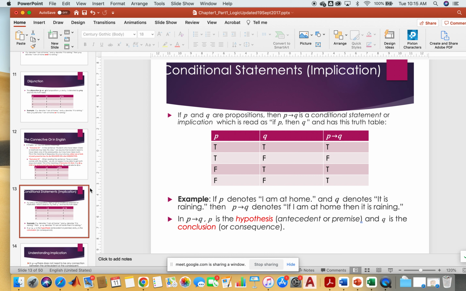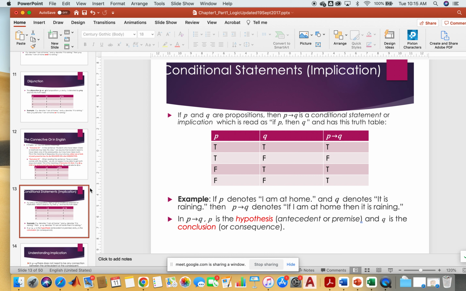Then the contrapositive is like this, and the inverse is this one. How do we tell whether it is the converse, contrapositive, or inverse? We can use a truth table and compare the truth values.